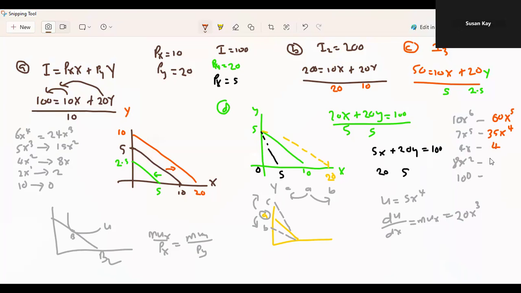That's 4. How about 8x^2? That's 16x. And 100? 0. Okay. So at least I'm happy so far with your differentiation skills.